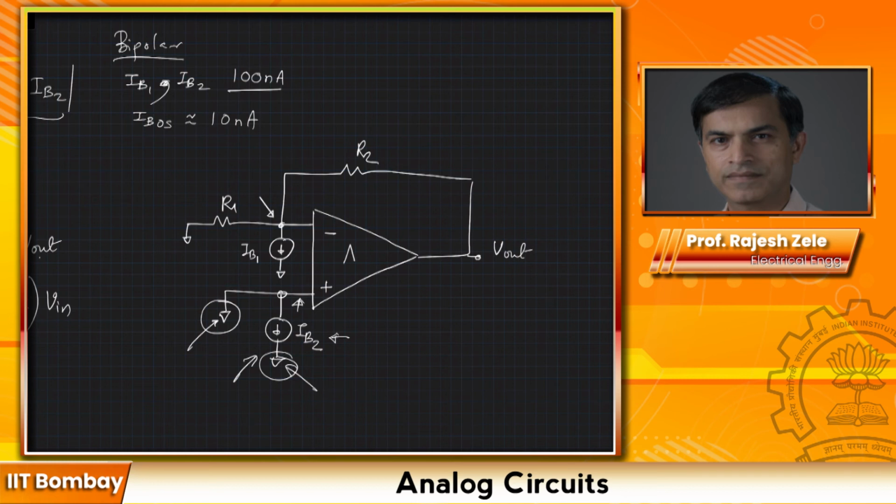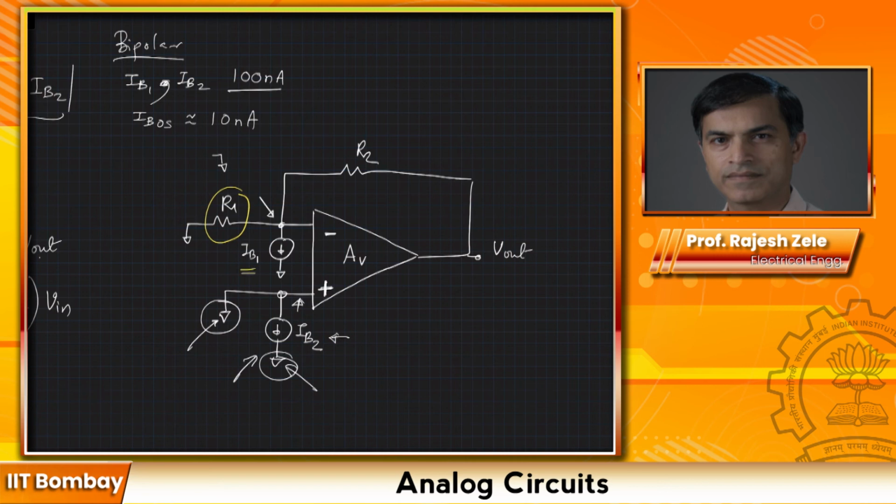Since the gain of the amplifier, AV, is very large, we know that it's a virtual short. The negative and positive terminal are a virtual short, as a result of which the negative terminal will also look like analog ground. So there will not be any current flowing through resistor R1.